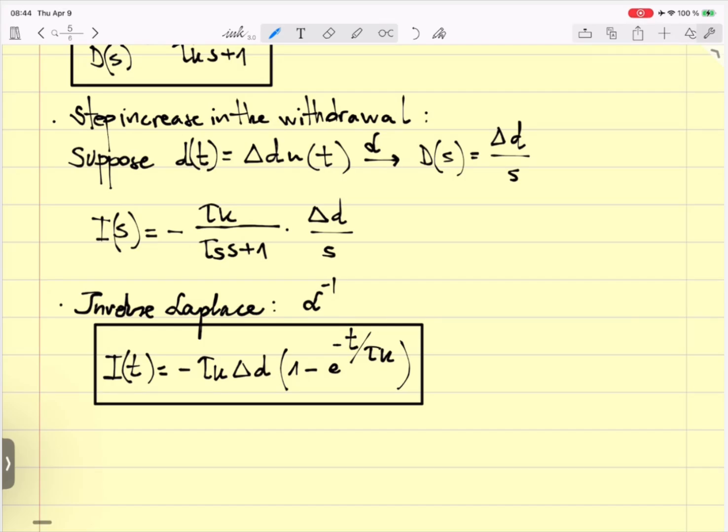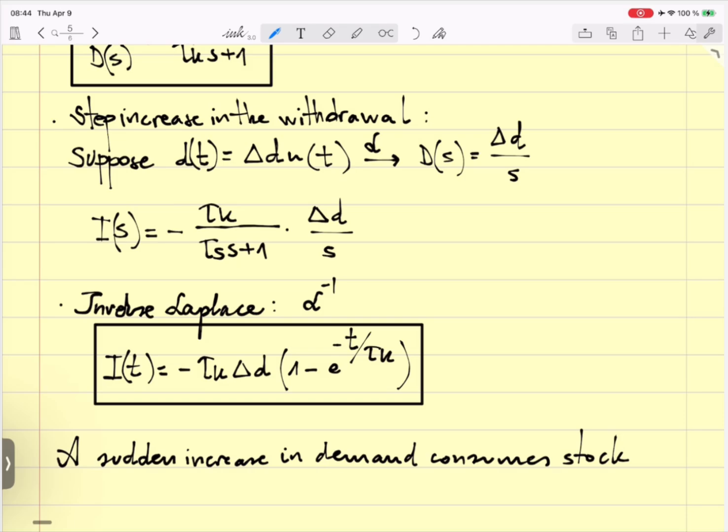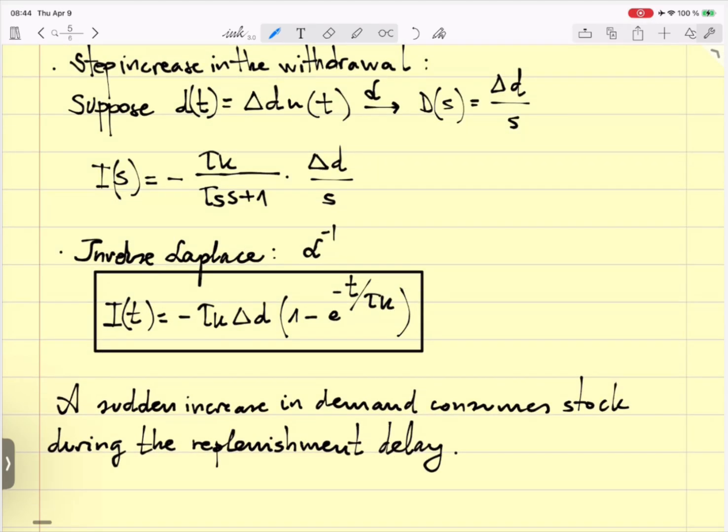So a sudden increase in demand consumes stock during the replenishment delay.